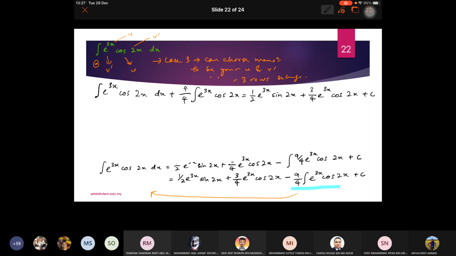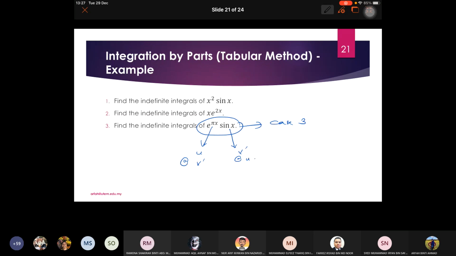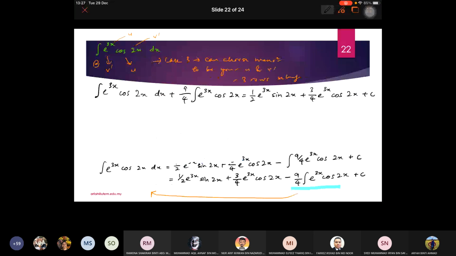So we can factorize exponential 3x where you will have exponential of 3x cos 2x dx, 1 tambah 9/4 sama dengan 1/2 exponential 3x sin 2x tambah 3/4 exponential 3x cos 2x tambah c.